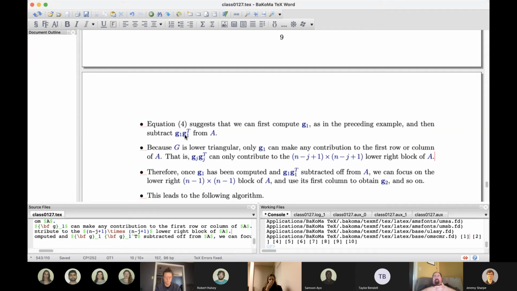I can discard them. I can focus only on the lower right part, which has one row and column less.